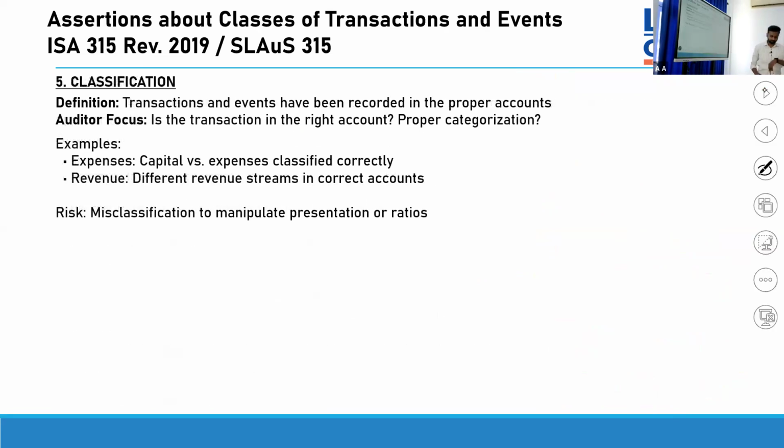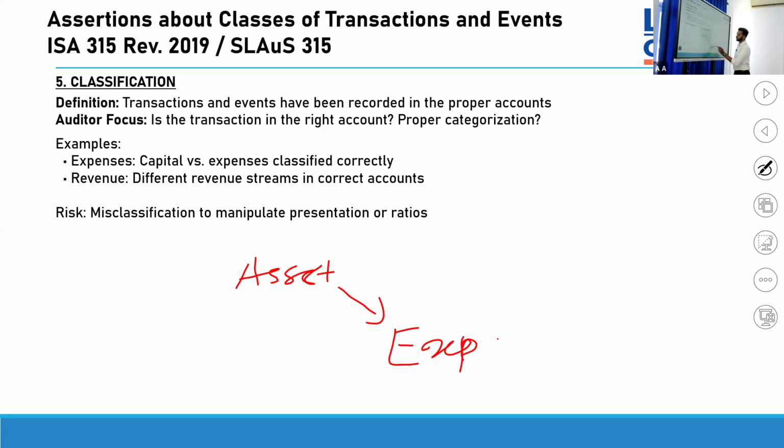Next one is classification, which means transactions and events have been recorded in the proper accounts. Let's say you have purchased an asset, right? But during the period, you have expensed that amount under administrative expenses. Is that correct? If you have expensed a purchase of an asset in your financial statement?